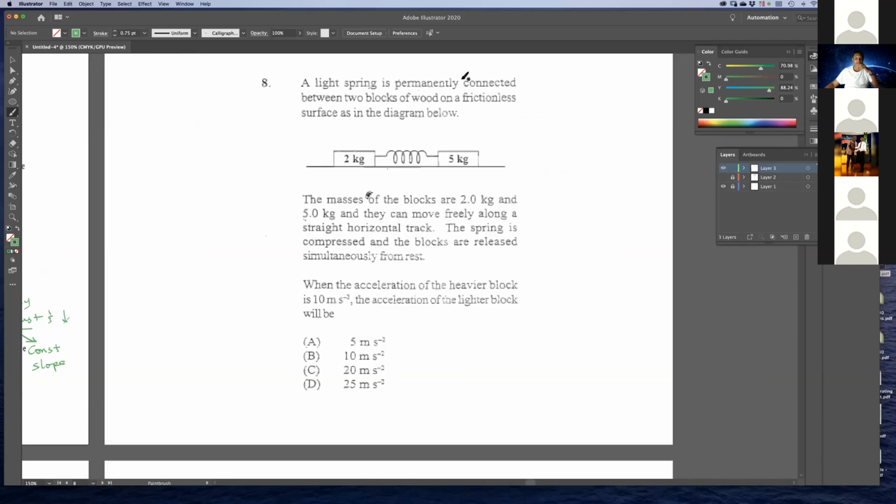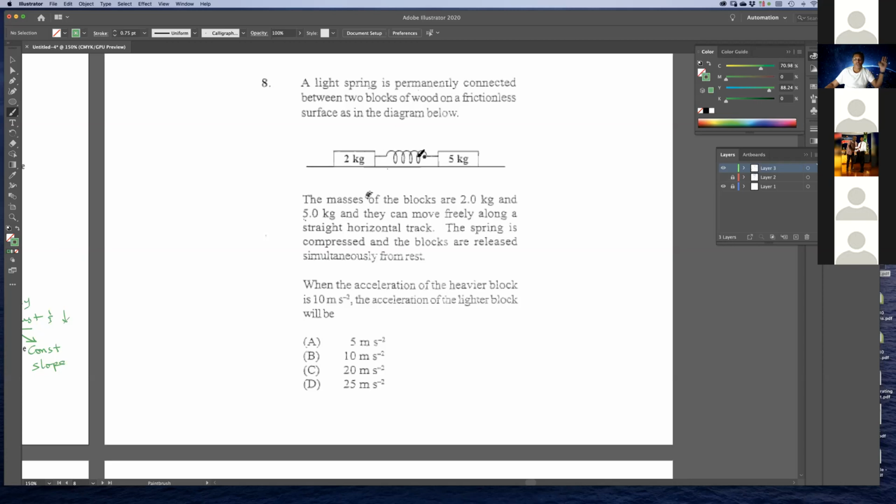Number 8, a spring is permanently connected between 2 blocks on a frictionless surface and so on. The masses of the blocks are 2 and 5 and so on. It can move freely. Freely means no friction. The spring is compressed. If you compress this spring, clearly, according to Newton's third law, the compressed spring will be pushing to the right on this, and it'll be pushing to the left on this.